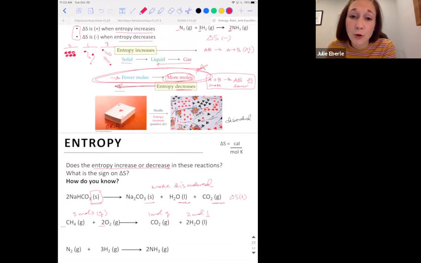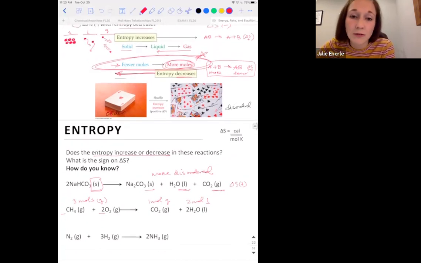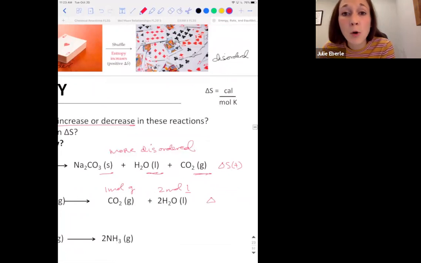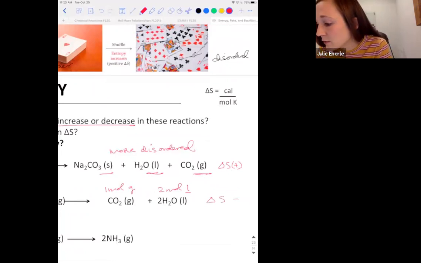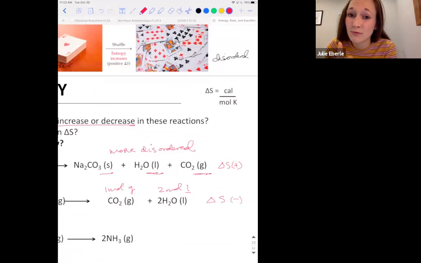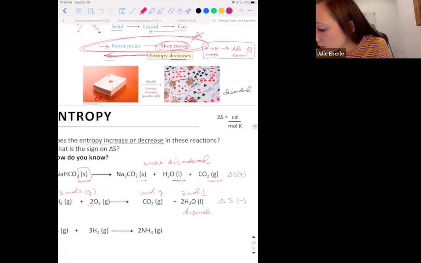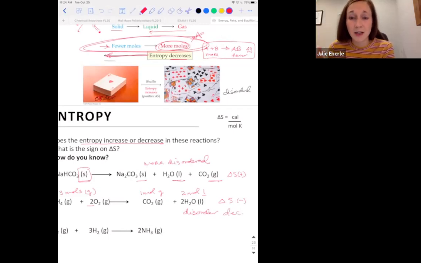We're becoming more ordered because we're producing 2 moles of a liquid, and inherently liquids are more ordered. So here, because we're becoming more ordered, delta S is negative. Remember, delta S is a measure of disorder. And disorder is decreasing here. That's why delta S is negative. Okay? Any questions so far? This stuff can be very confusing. Okay?